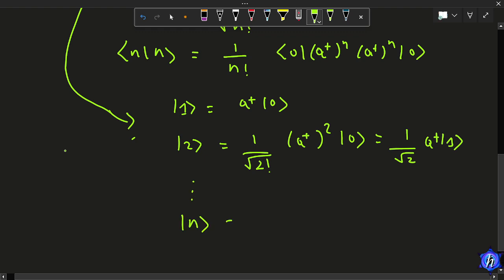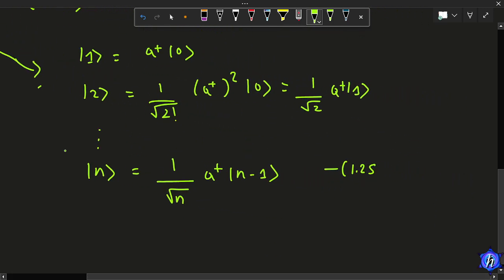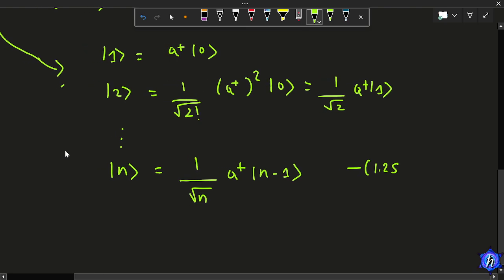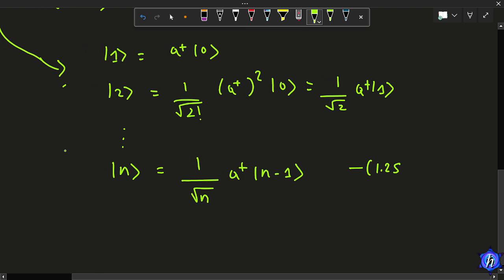So the nth state can be written as 1 upon root n, a dagger acting on the state n minus 1. This is equation 1.5. We can rearrange this: a dagger on n minus 1 gives root n times the state n. Now I'll do a very clever trick.